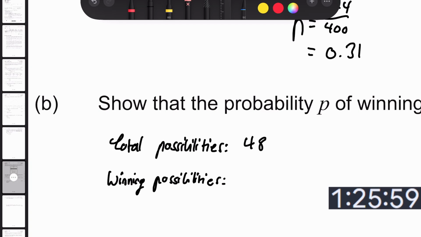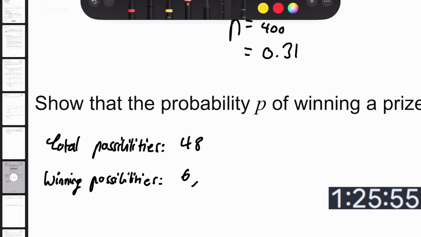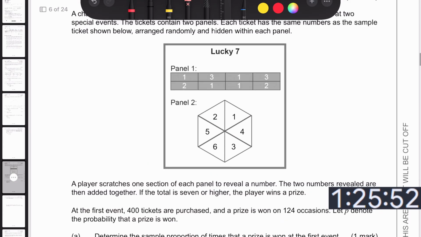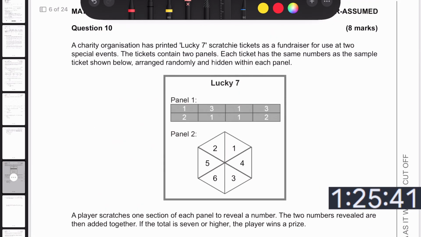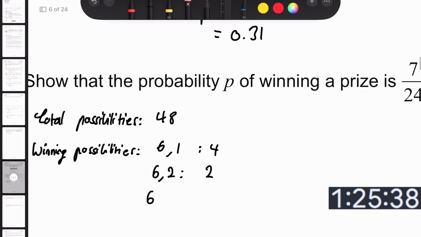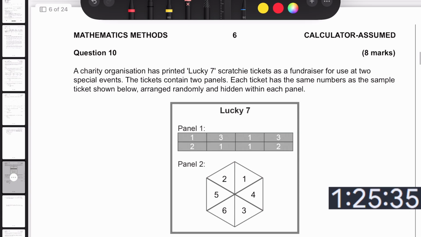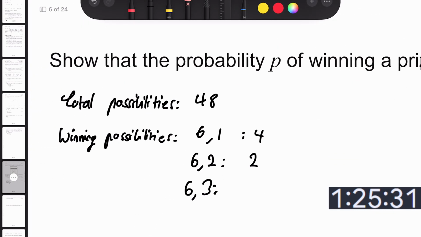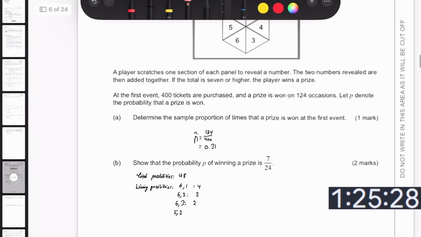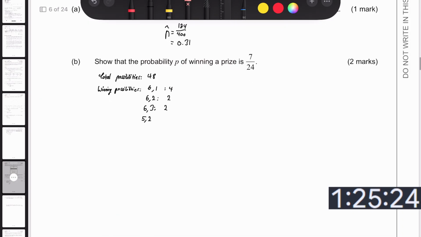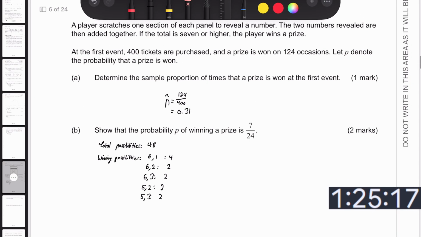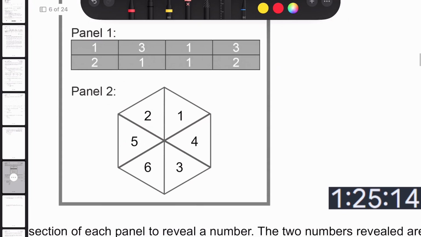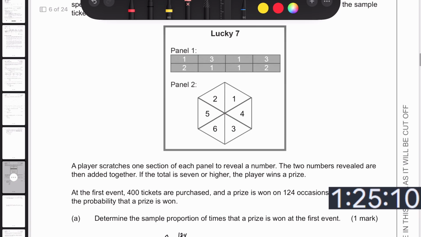So for winning possibilities, you can have 6 and 1, which there are 4 of, 6 and 2, which there are 2 of, and then 6 and 3, which there are 2 of, and then we can have 5 and 2, which there are 2 of, and then 5 and 3, which there will also be 2 of. And then we can have 4 and 3, which there are 2 of.